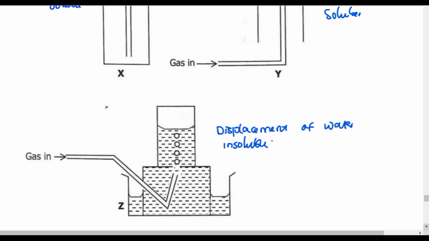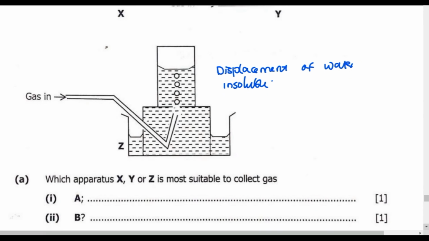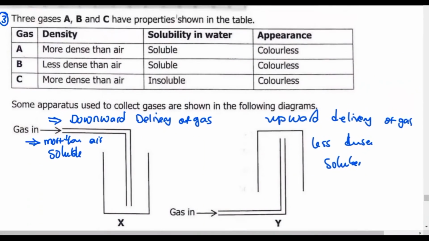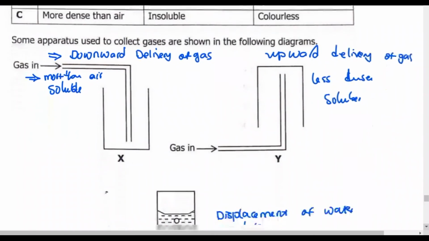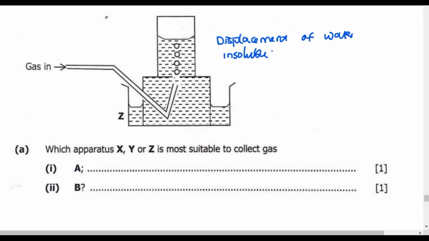Now let's look at the first question. Which apparatus X, Y, or Z is most suitable to collect the first one, gas A? Gas A is more dense than air, then soluble. So we need to use the downward, which is X. What of B?